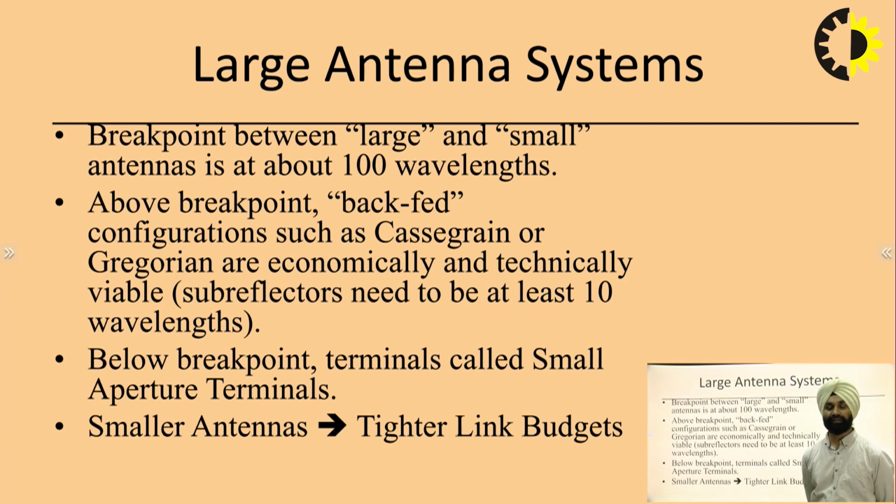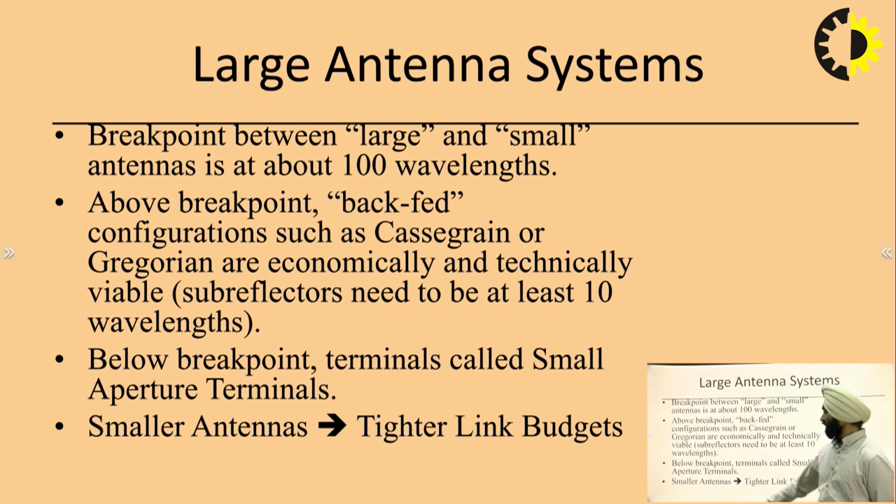A feed, such as a Cassegrain feed, has to be at least about 10 wavelengths for its subreflector. Below this break point of 100 wavelengths, the terminal will be a smaller one. So this is called a small aperture antenna or small aperture terminal.